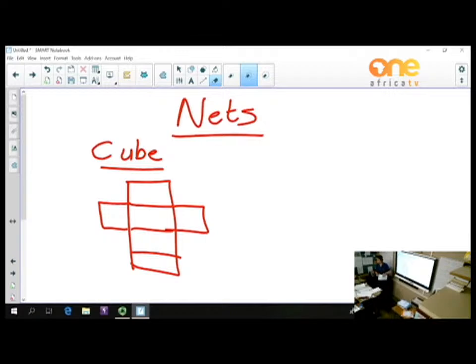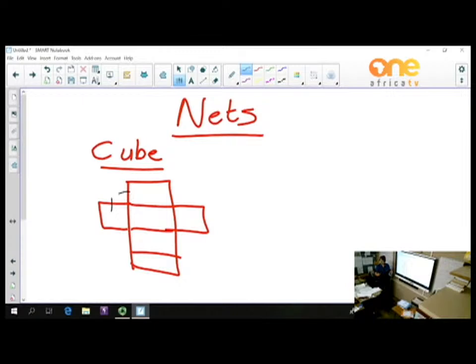If it is a cuboid, then these 2 will be equal and those 2 will be equal. The big thing, you must summarize this, the big thing that we need to remember now is that these sides fold on top of each other. So they must be equal in length. All the sides that are going to fold are equal in length.